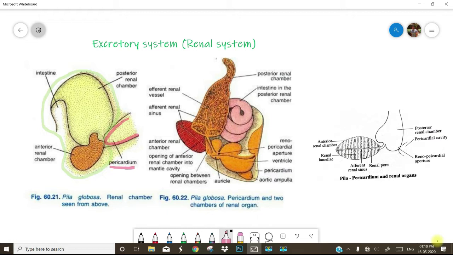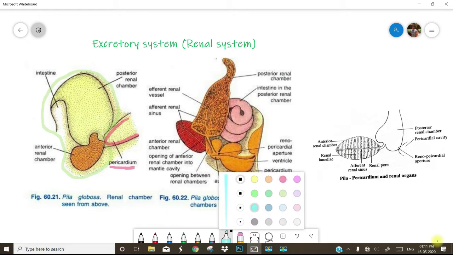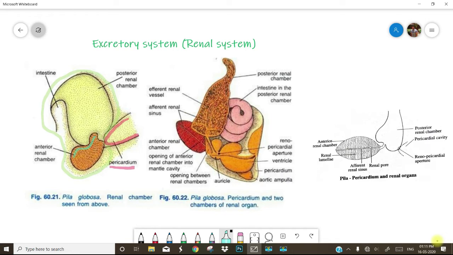And look at the renal organ or kidney. It is bilocular in structure. What does that mean? Bilocular means it contains two chambers: a small anterior renal chamber and a large posterior renal chamber.